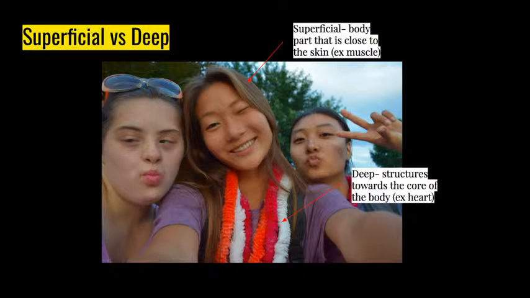The term superficial describes any part or region close to the skin or outer surface of the body. The muscles would be superficial because they're found right beneath the skin. A deep structure, in contrast, is one that is found away from the body surface and more towards the inside of the body. For example, the heart is an example of a deep structure.